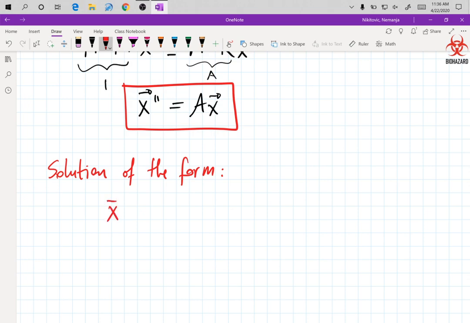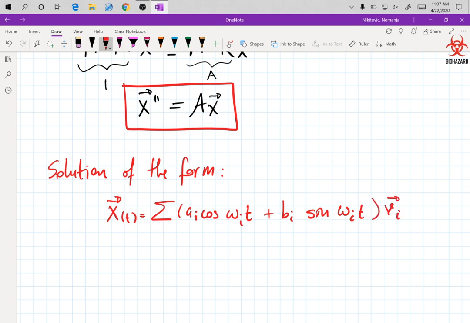Solution of the form x bar of t is equal to the summation of ai cosine omega i t plus bi sine omega i t, times vi vectors, and then i goes from 1 to n.